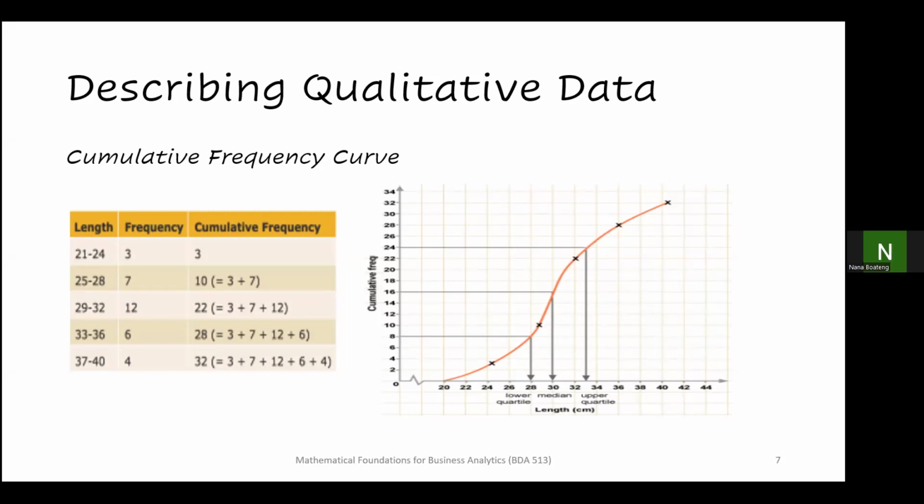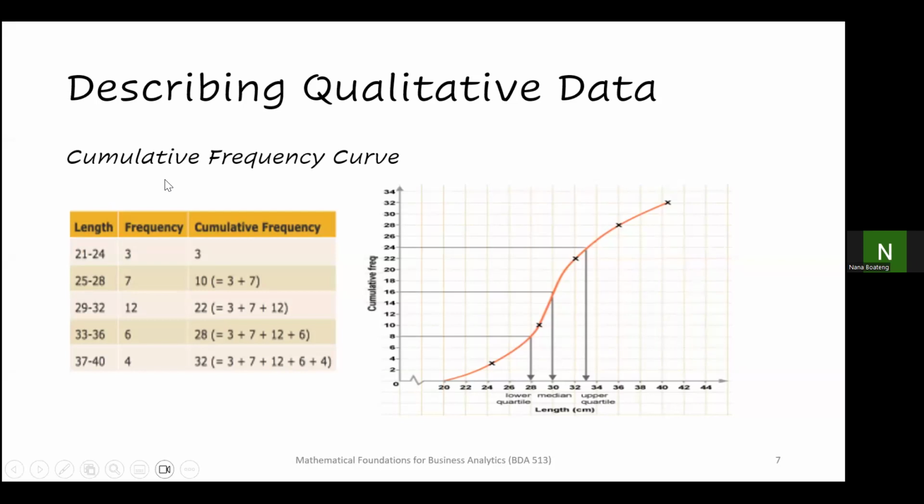Because we are using qualitative. So you are saying that the 21 to 24 is not a number. Is that what you are saying? Yes, so what I'm saying is that the 21 to 24, is it representing qualitative data or is it just a figure that's quantitative?